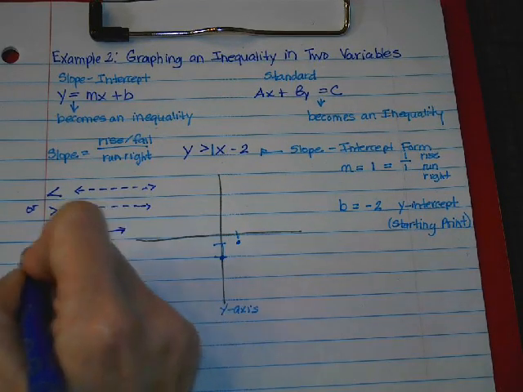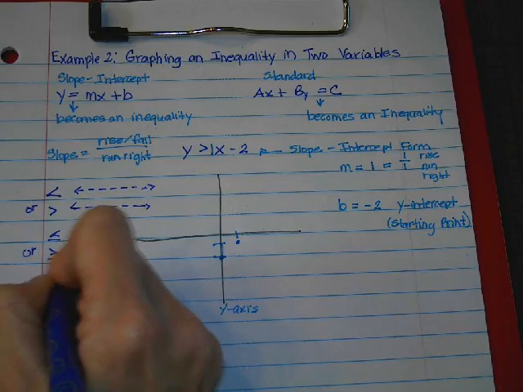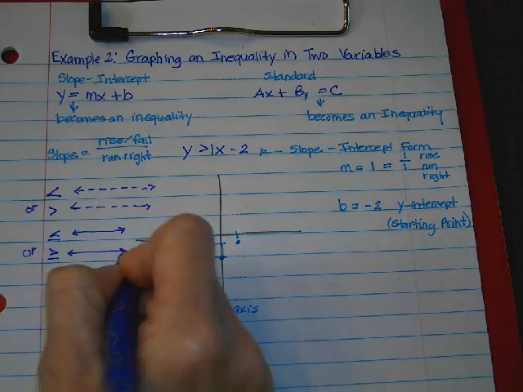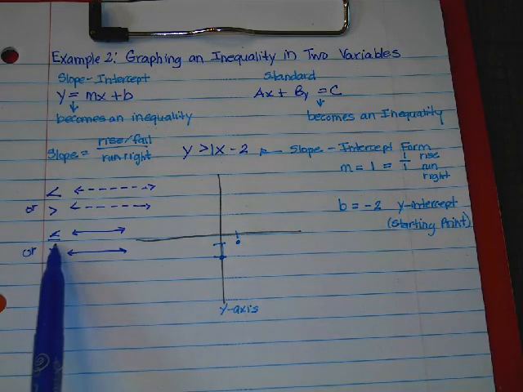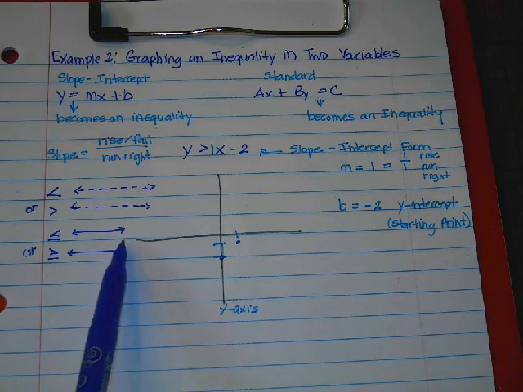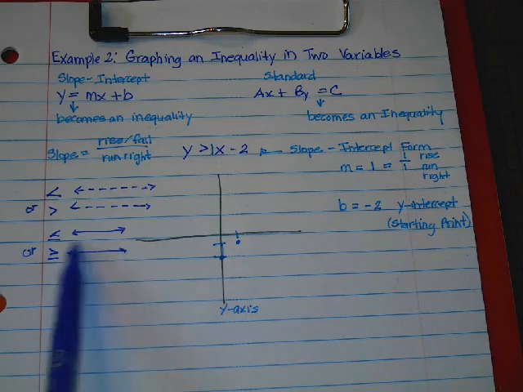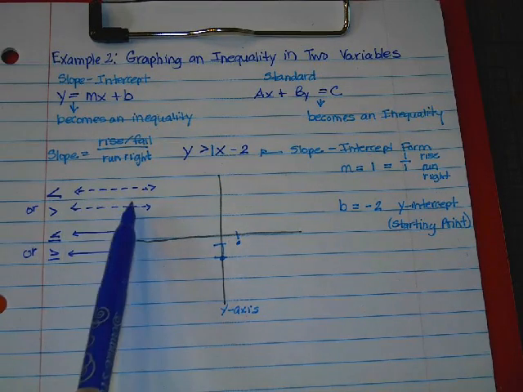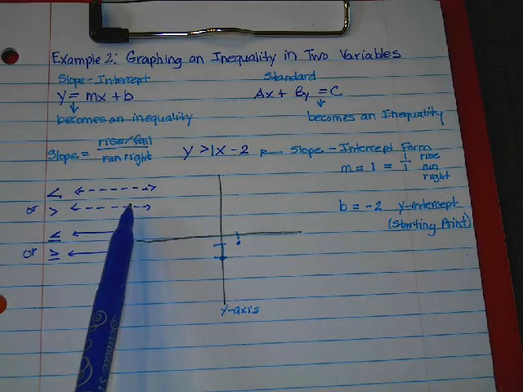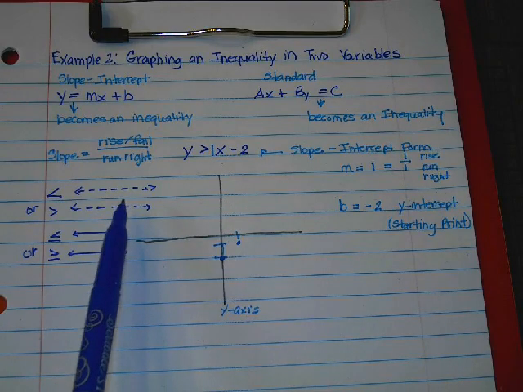And if we have greater than or equal to, we have another solid line. So the easy way to remember is if we have a solid bar under our inequality, then we have a solid line, which means we are including all the values on the line. But if we do not have our solid bar, that means we have a dotted or dashed line, which means we do not include the values on the line.